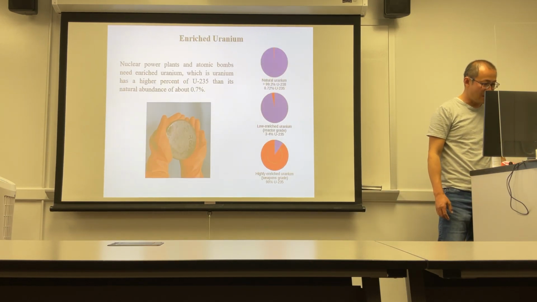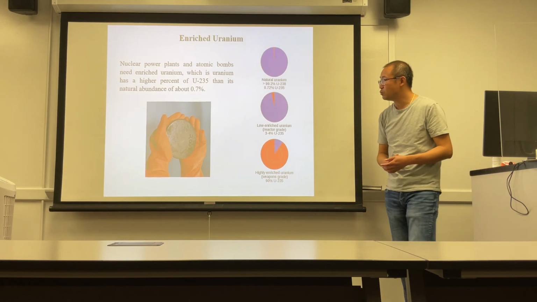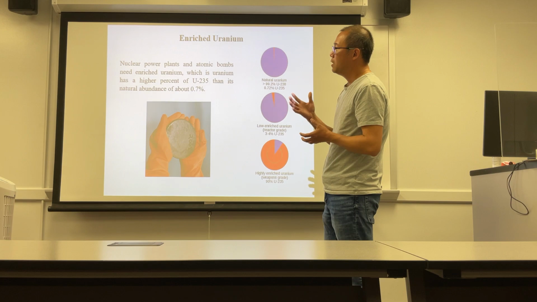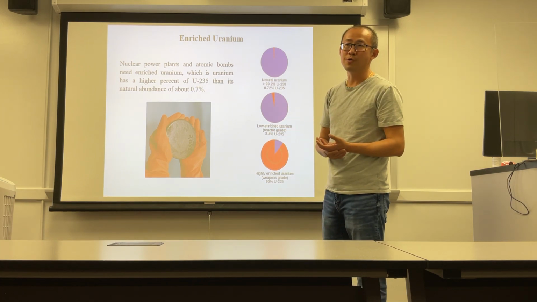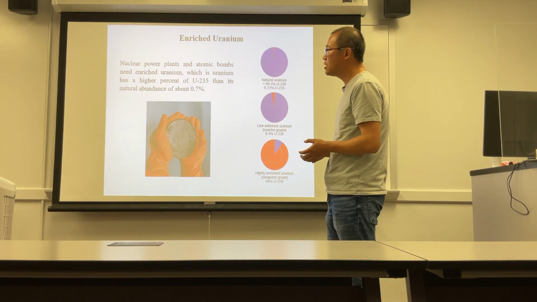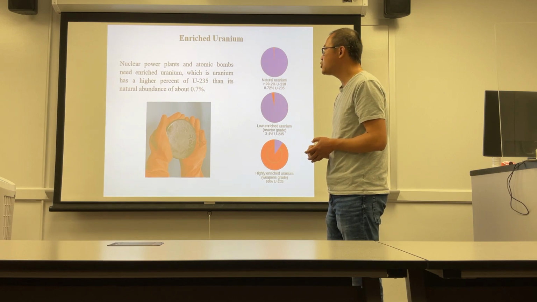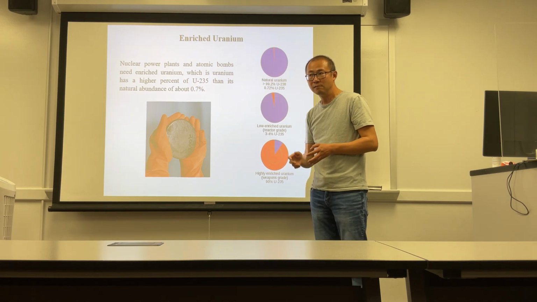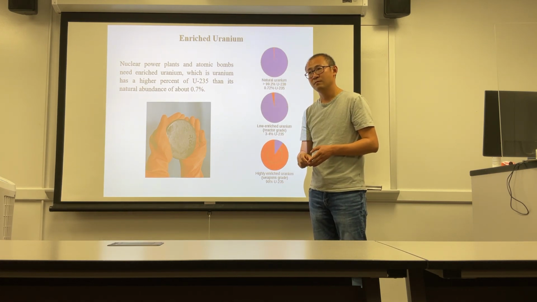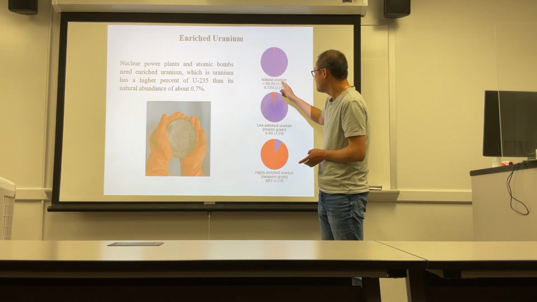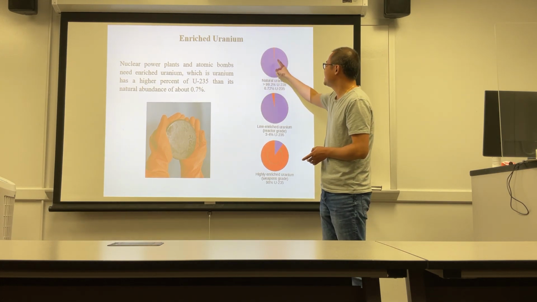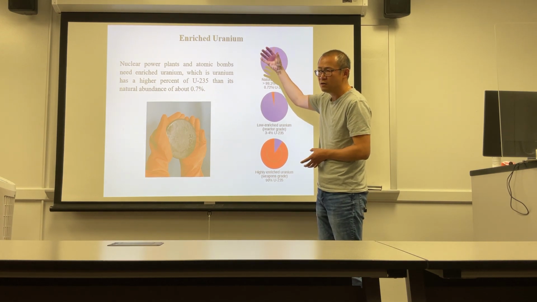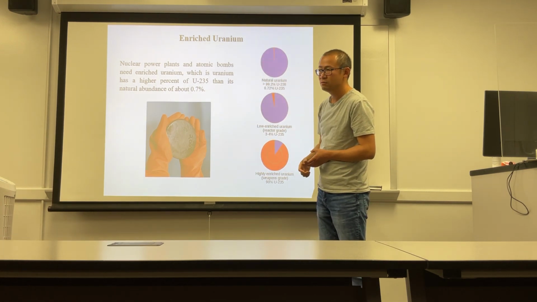Okay, a few more slides and we'll be done today. We'll go back to uranium. Remember we said uranium's natural abundance of uranium-235 is only what? 0.72%. Is that right? It's very tiny. If you use natural uranium with that tiny bit of uranium-235, you cannot even have a reaction.